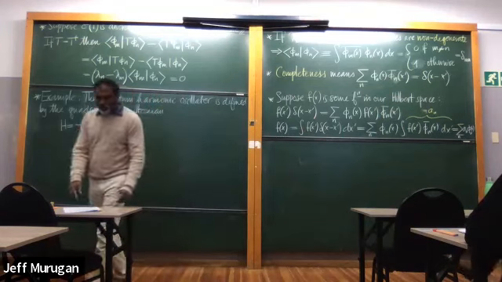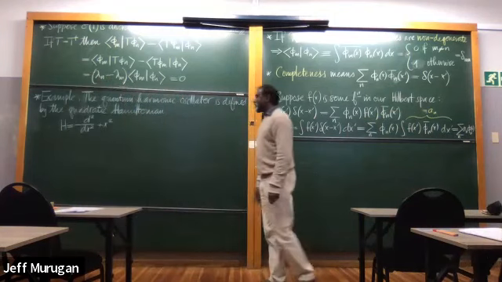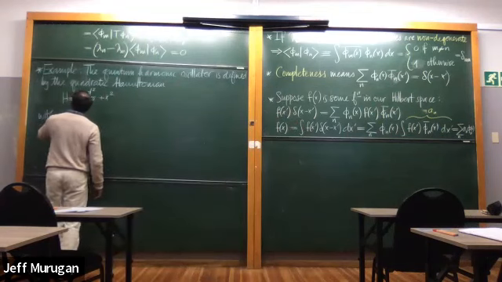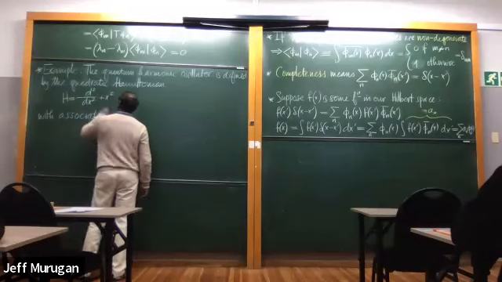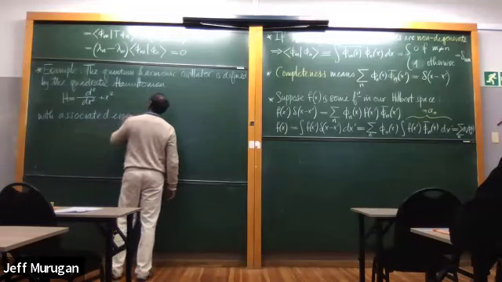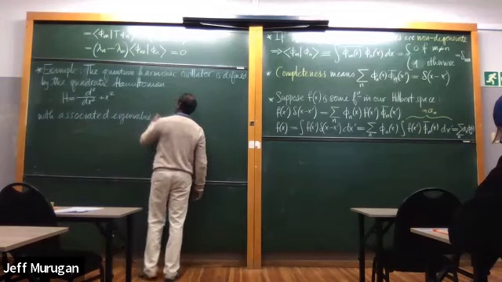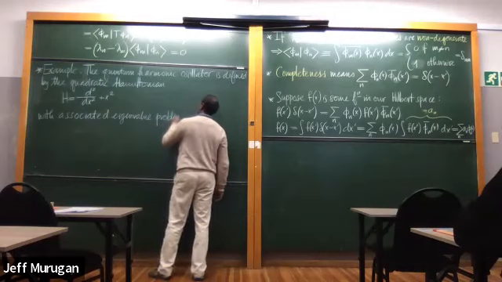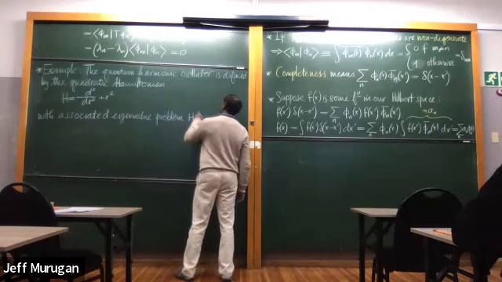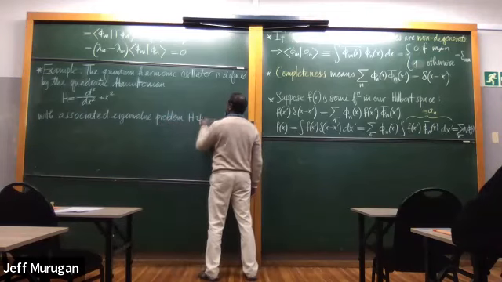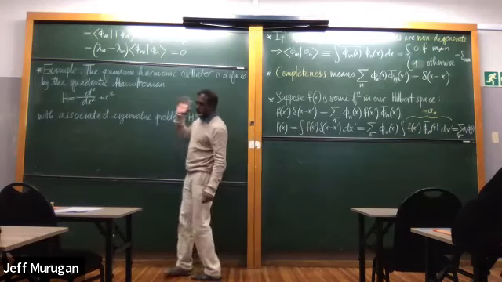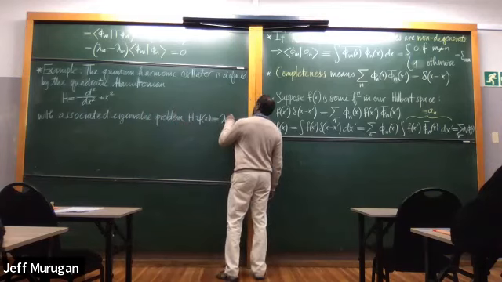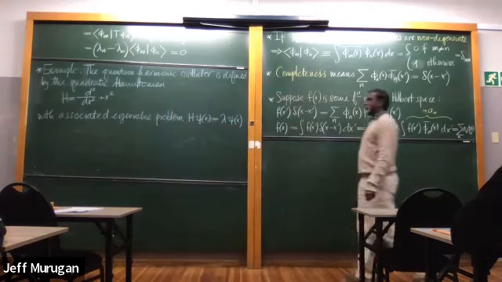More importantly, the associated eigenvalue problem, also known as the time-independent Schrödinger equation, basically says that H psi, let's just make our lives easier and work in one dimension, is lambda psi of x.